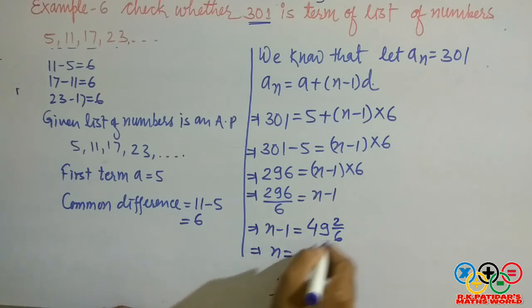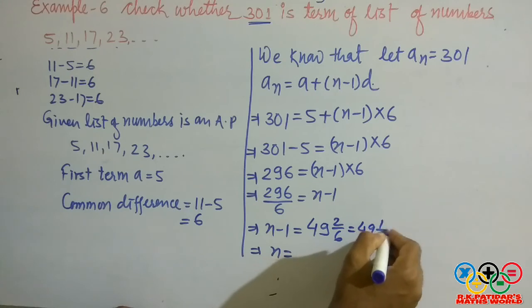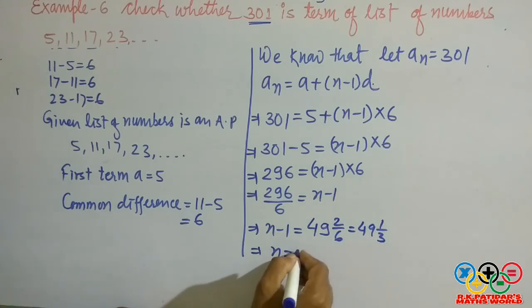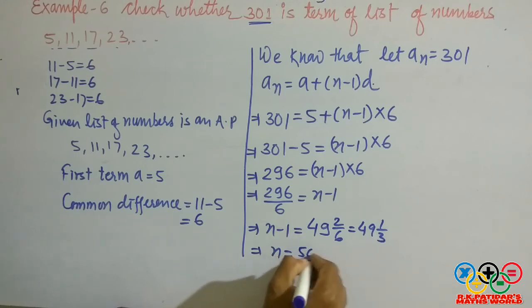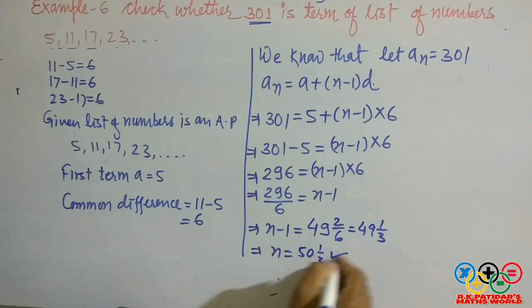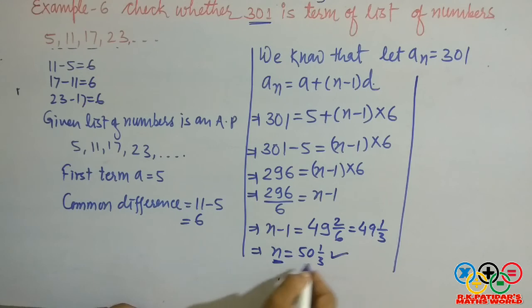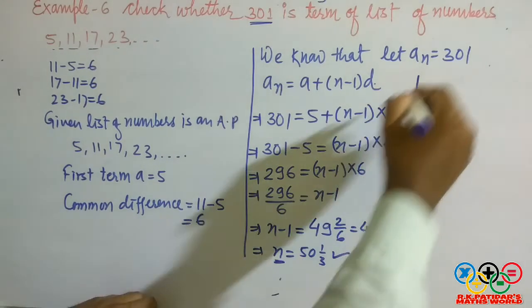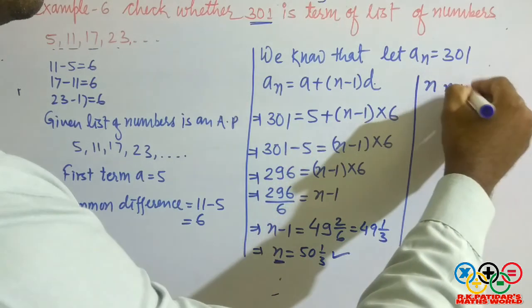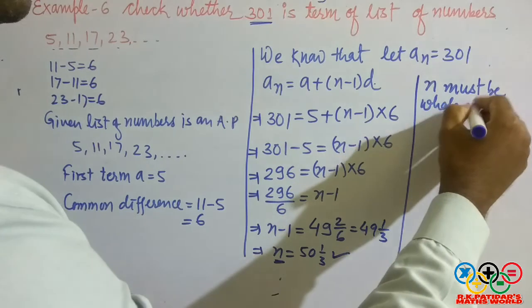See, n is equal to what? 2 by 6 means 1 by 3, that it is 49 whole 1 upon 3. So n is equal to what? ये पॉजिटिव उधर जाएगा प्लस हो जाएगा तो ये हो जाएगा 50 whole 1 upon 3. But this n cannot be a fraction. Okay, so this is not possible. N cannot be a fraction. N must be a whole number.